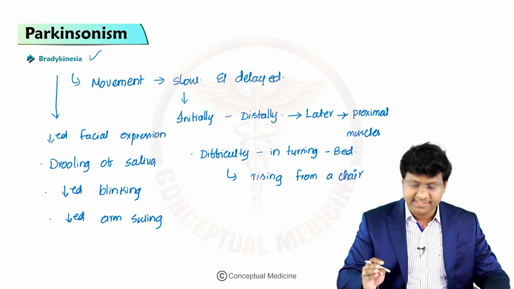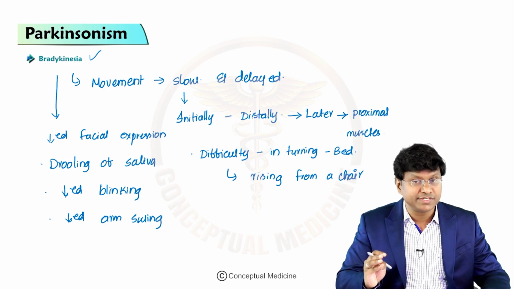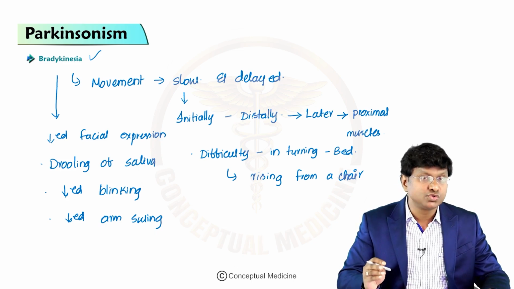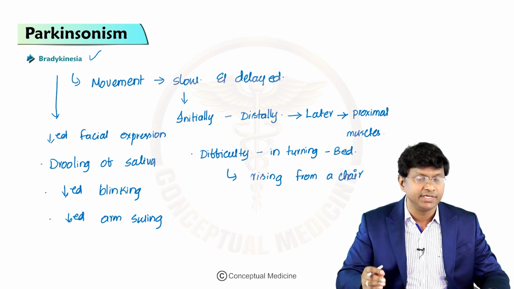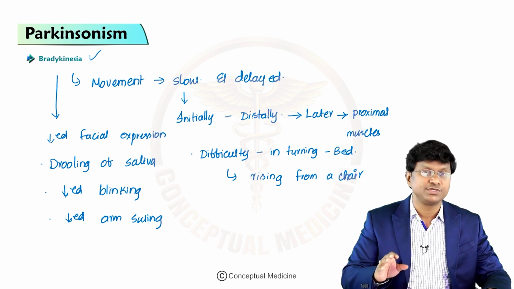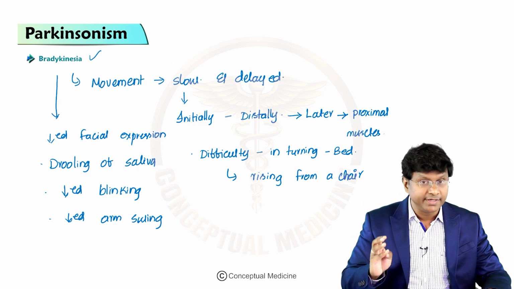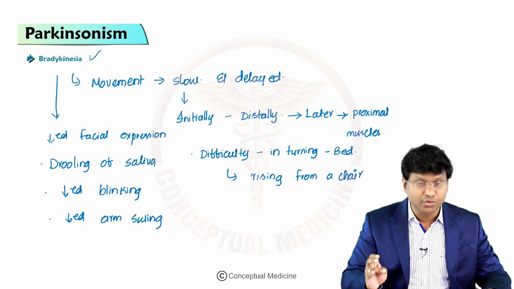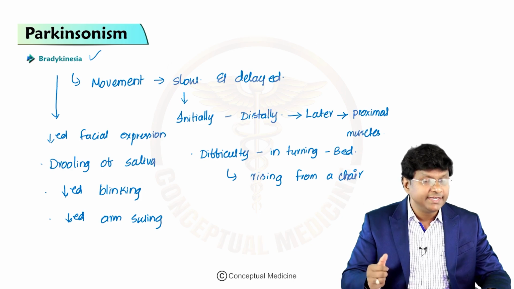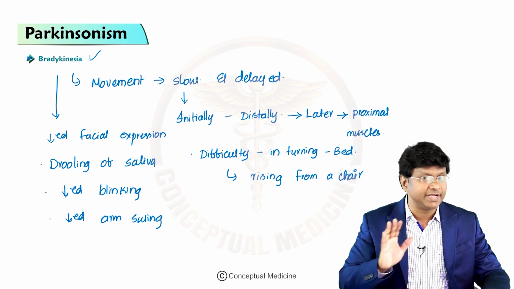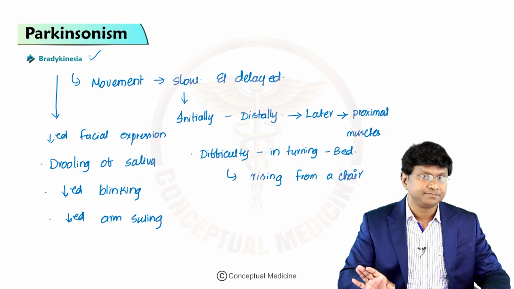So bradykinesia is where the movement of the individual is slow and delayed, and this slowness of movement is initially distal, later proximal. There are many manifestations of bradykinesia, including reduced facial expressions, drooling of saliva, reduced blinking, reduced arm swing, difficulty in turning in bed, and slowness of gait.